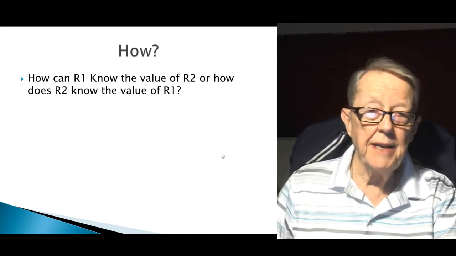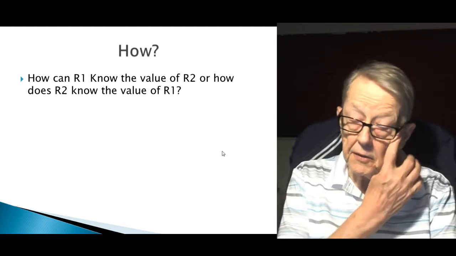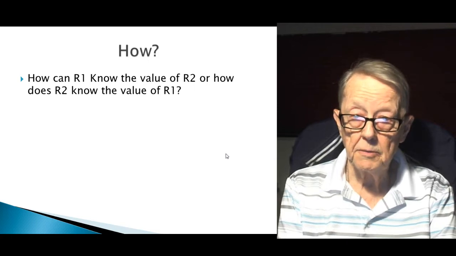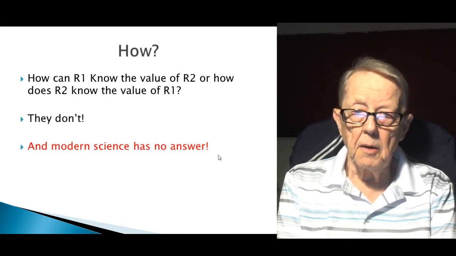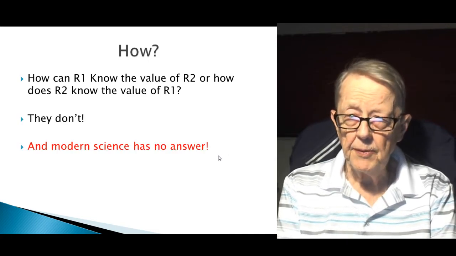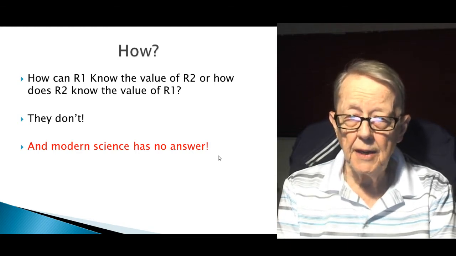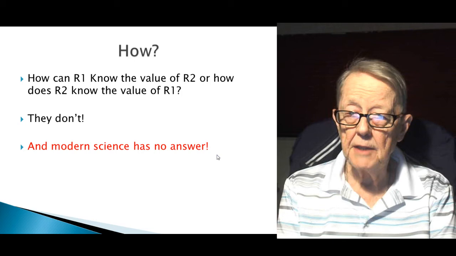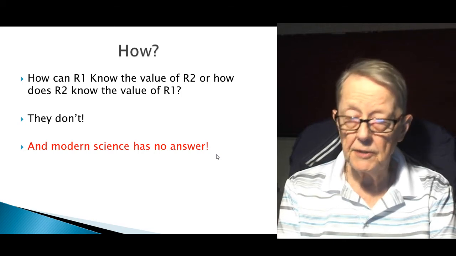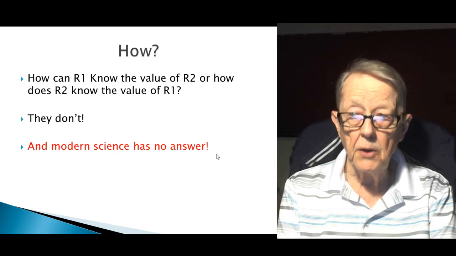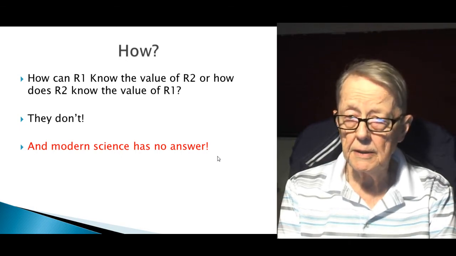Resistors can't know anything. So somehow this works, but they don't. They can't. They don't know anything, and modern science has no answer in terms of physics. Yeah, they got an equation. The equation works. Yeah, I know it works. I've worked on electrical circuits for 40 years.